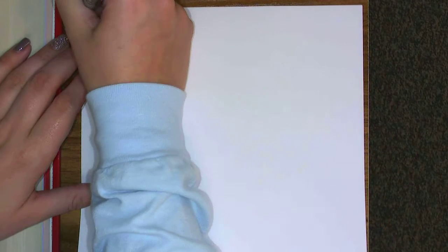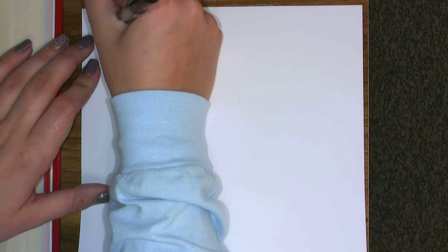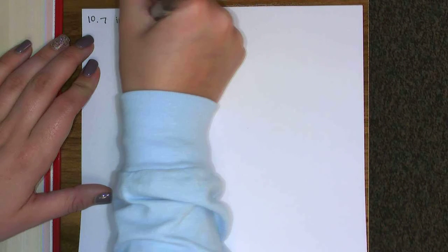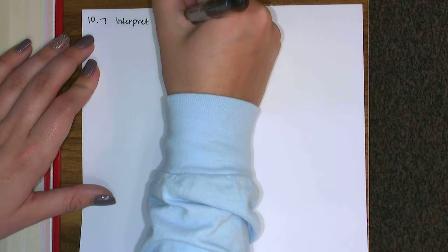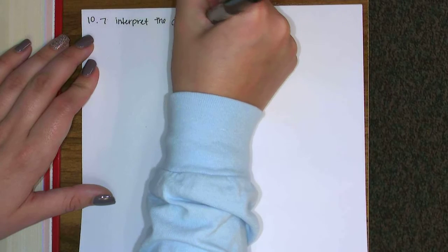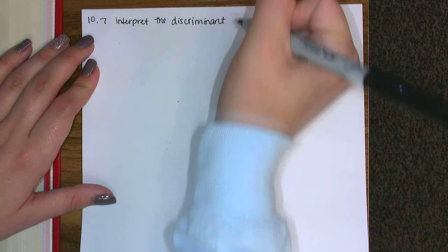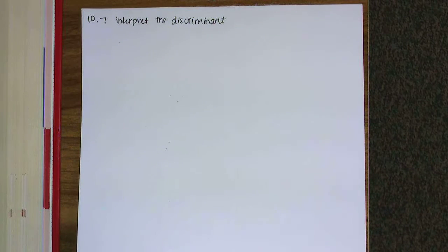So, enough of that. 10.7, interpret the discriminant. And at this point, you're probably already saying, what is she talking about?